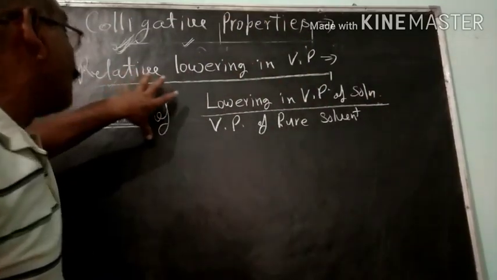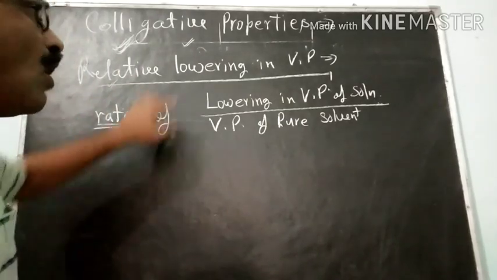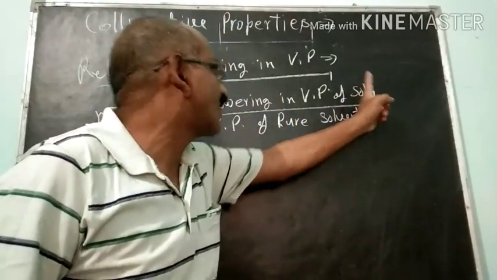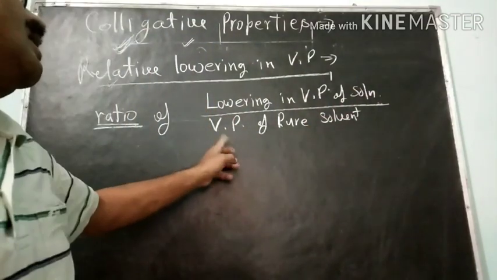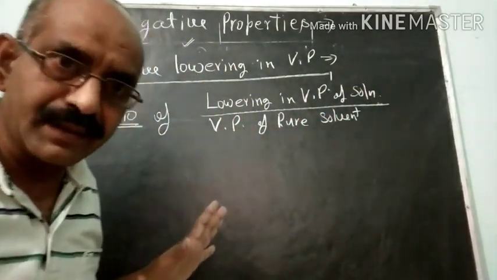So, relative lowering is basically the ratio of lowering in vapor pressure of solution and vapor pressure of pure solvent. Is it clear?